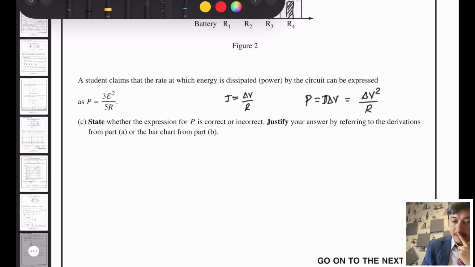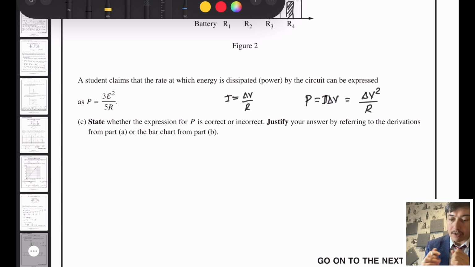So we have in the battery the current, which is equal to 3 epsilon over 5R, and the changing potential equal to just epsilon. Perfect.